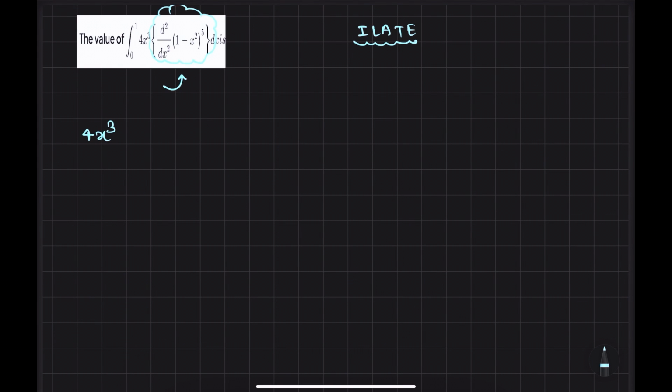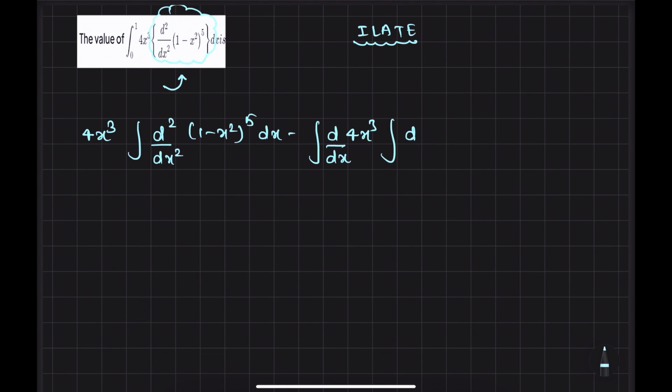So first function, integration of second function, minus whole integration of differentiation of first function into integration of second function, that is 4x cube and 1 minus x square power 5 dx.